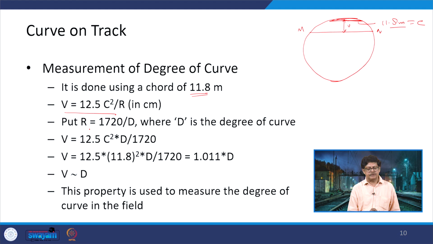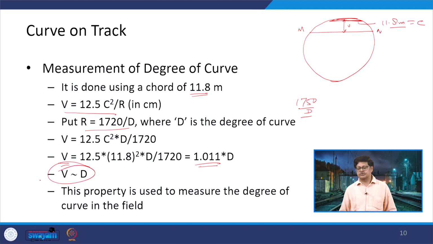And if we put those values here, we put R is equals to 1720 by D, or the other formula which we can take if we are considering it in terms of the dynamic gauge, that can be 1750 divided by D. So, if we take those values, then what we get is V is equals to 1.011 D. So, it is more or less equal.